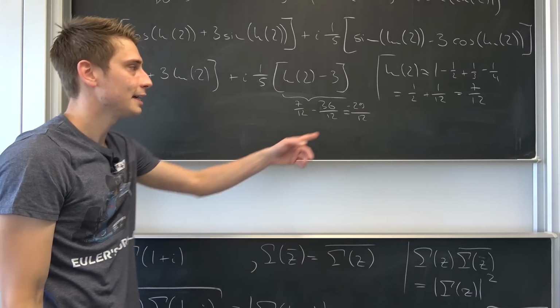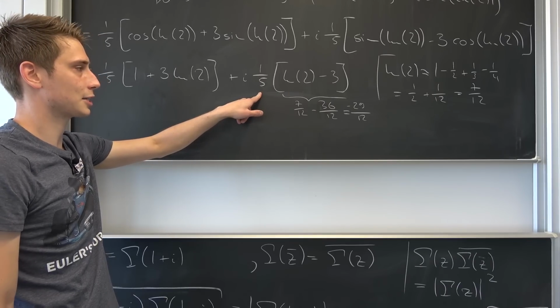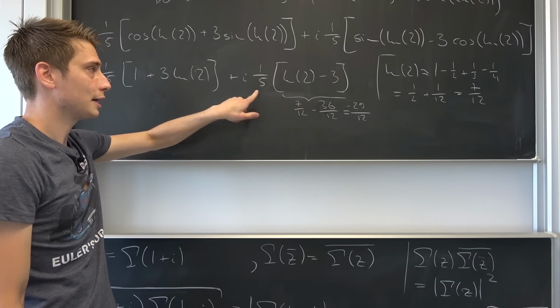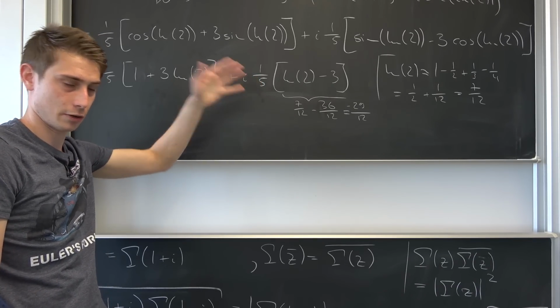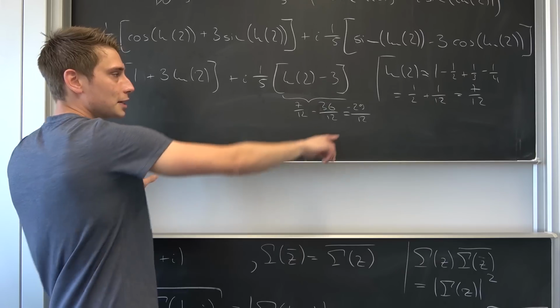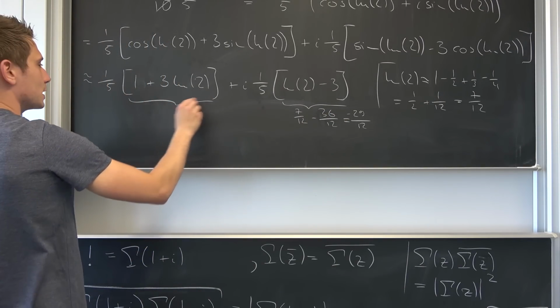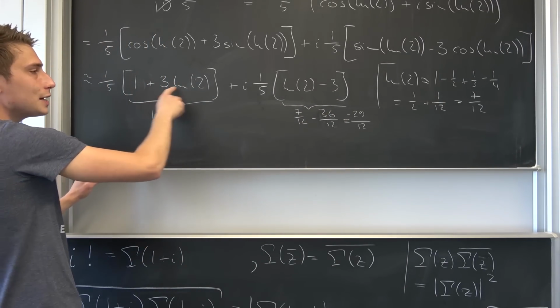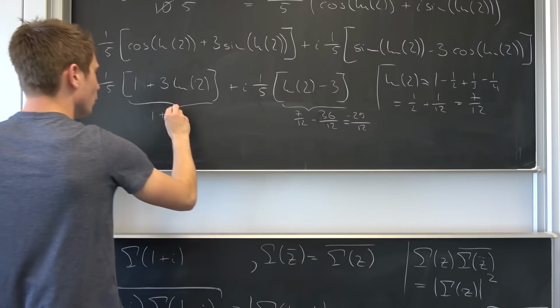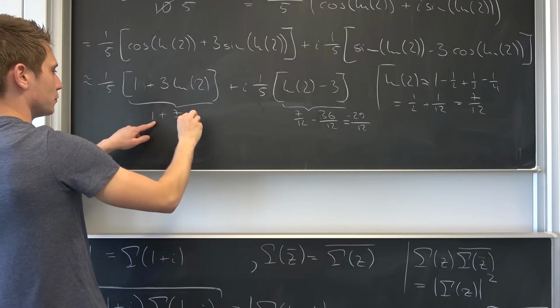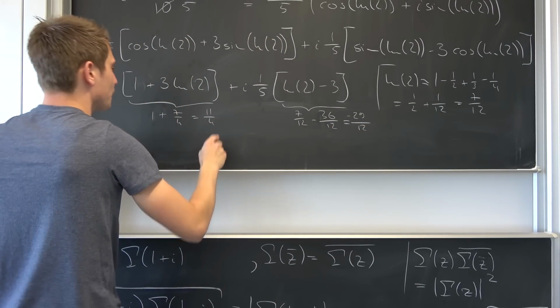And the cool thing is, this part right here is actually negative, okay? So it's supposed to be negative, this imaginary part, so that's already a good thing. At least we are going to get this out of this whole ordeal. Okay, we are going to get 1 plus 3 times this thing, 7/4, leaving us with 11/4, right?